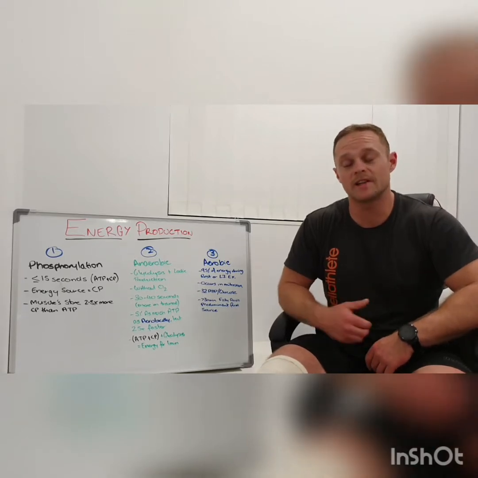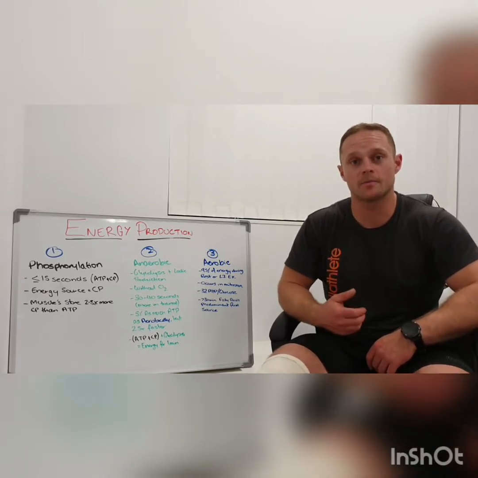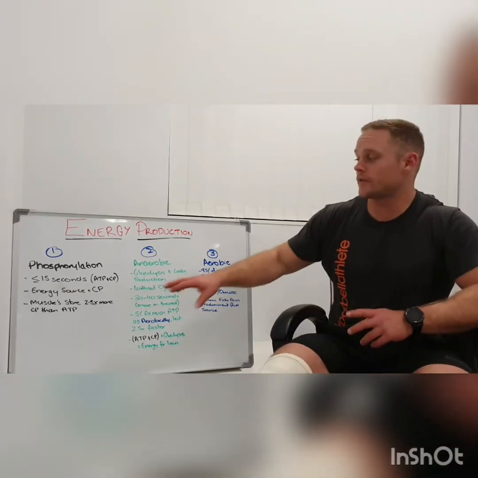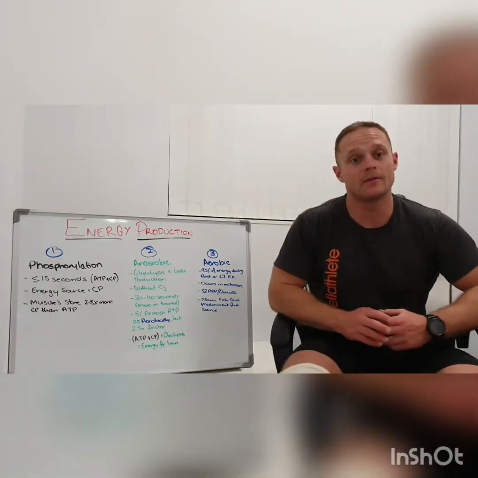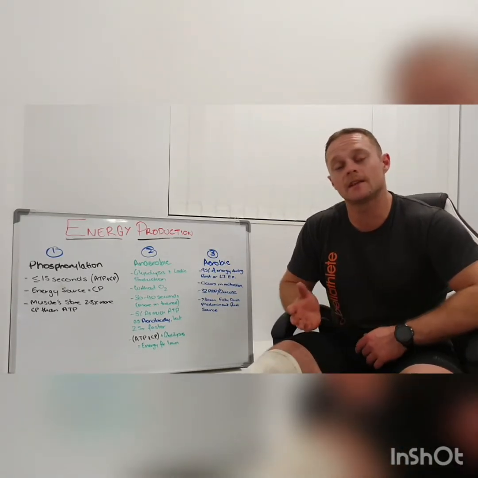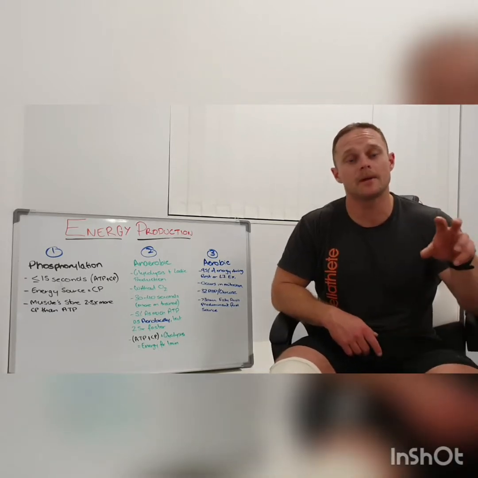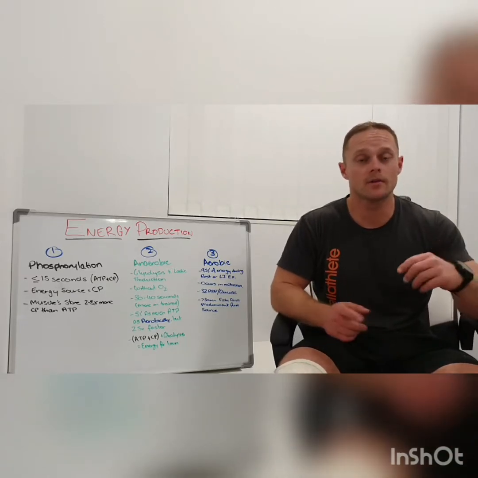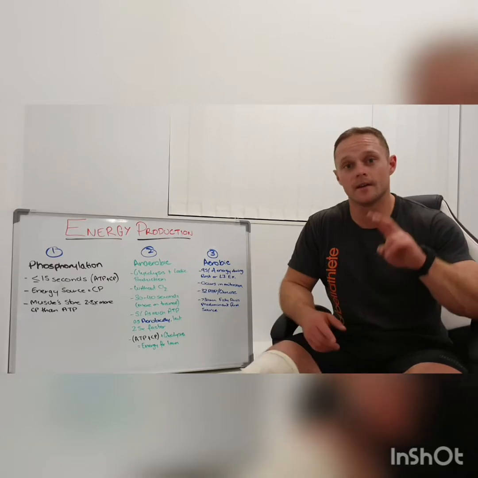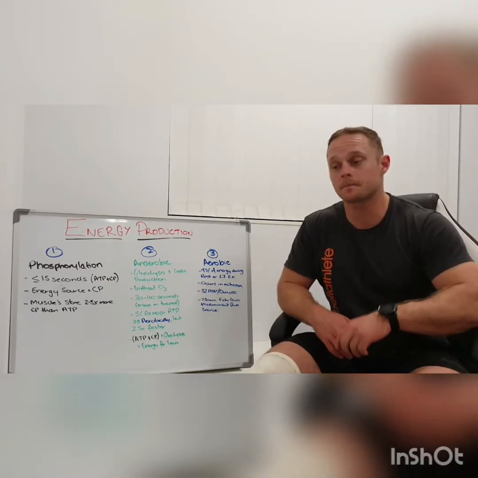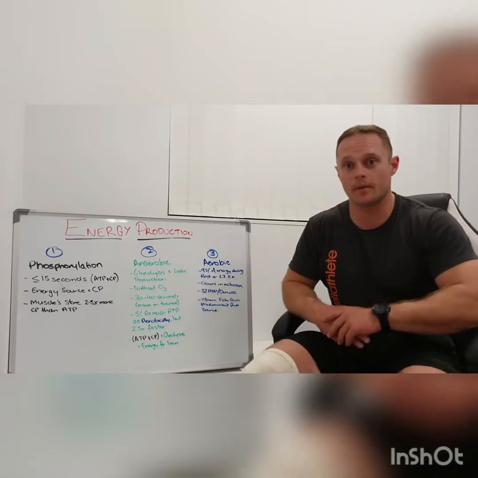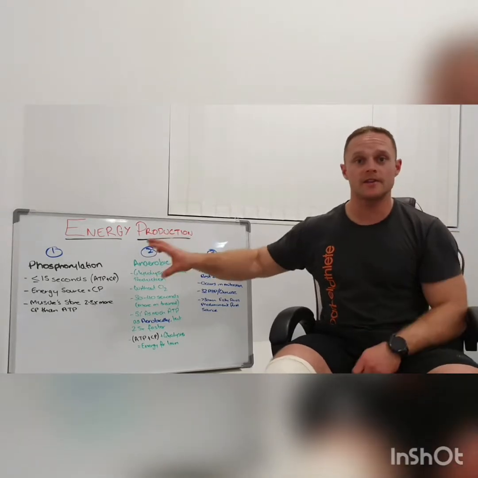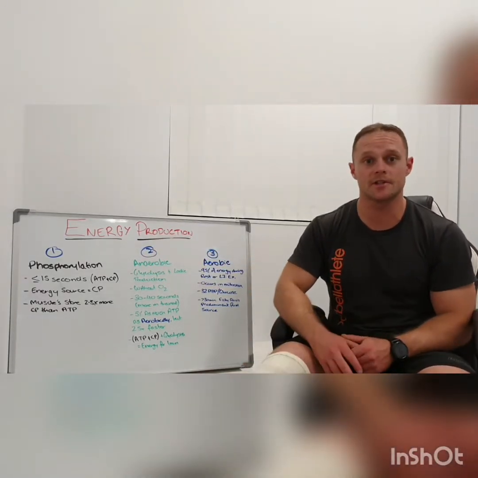The first 5 seconds will come purely from ATP, and then the rest of those 15 seconds will most likely come from the creatine phosphate donating that phosphate molecule, so that we can get ADP, adenosine diphosphate, back to ATP, adenosine triphosphate. So ADP has 2 phosphate molecules, and ATP has 3 phosphate molecules. Okay, so that's our first, most explosive energy source, direct phosphorylation.